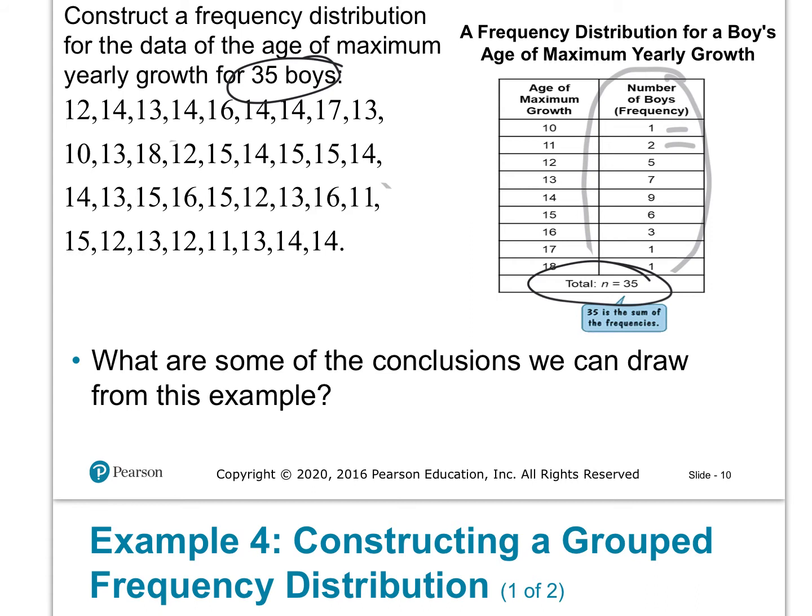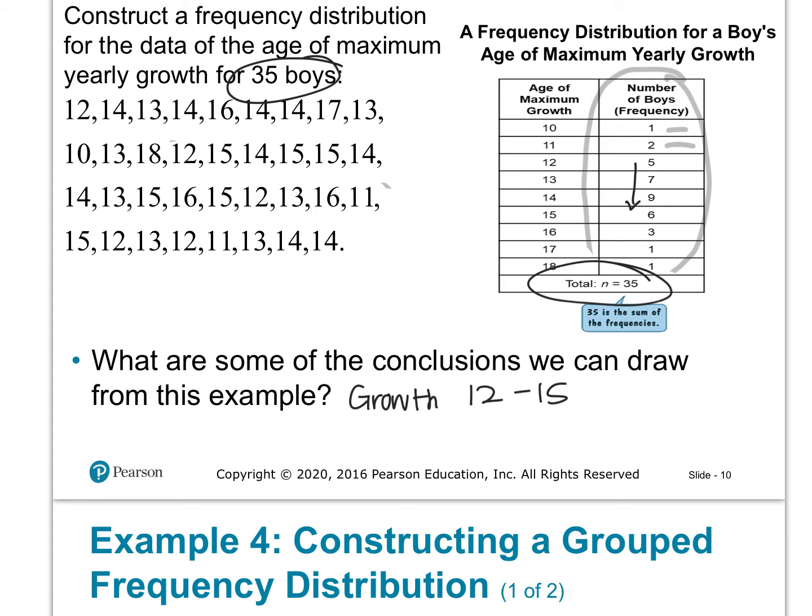So then it says, what are some conclusions we can draw from this example? It looks like the maximum growth, the larger amount that we have, is from 12 to 15. So notice how it gets bigger and then it starts to get smaller again. So growth from 12 to 15.